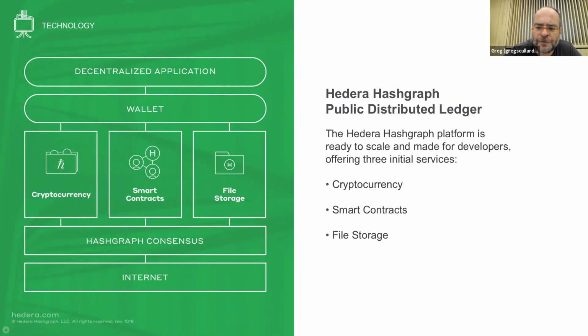Applications are built on top of Hedera Hashgraph, and they can make use of any of the 3 services using the API, which we'll talk about in more detail later on. And they can use HBAR in order to pay transaction fees to the network, and also exchange value with their users through their decentralized application.